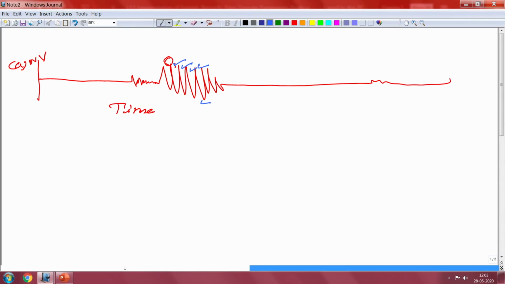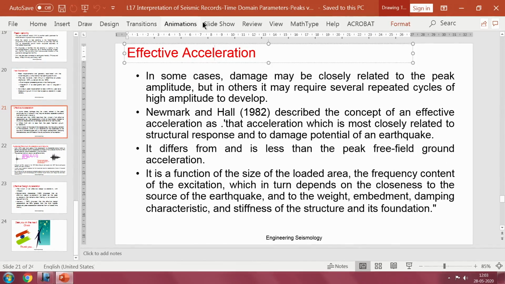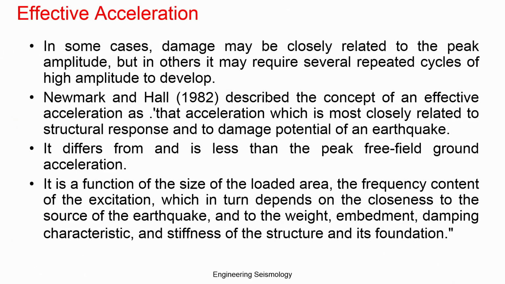Not all the time will the peak value in an earthquake cause damage. Sometimes the peak will be slightly larger than the other amplitudes of the record, and in those cases the several repeated amplitudes may cause damage to the structure. So, they came up with the idea of defining the effective acceleration, where several cycles of high amplitude cause damage.